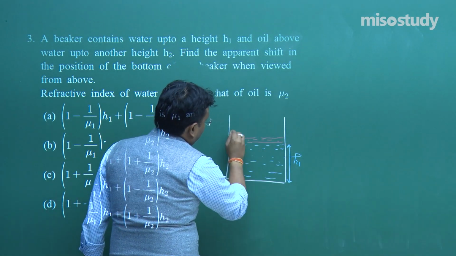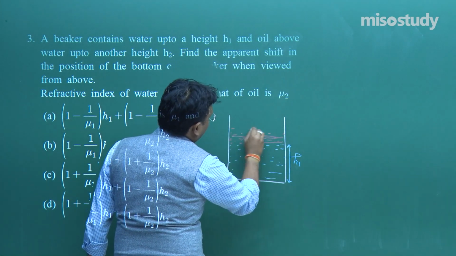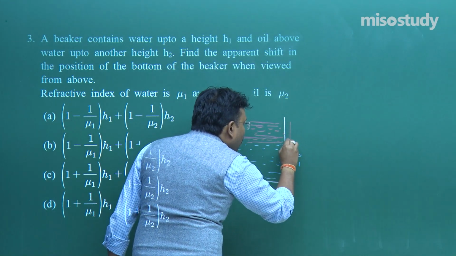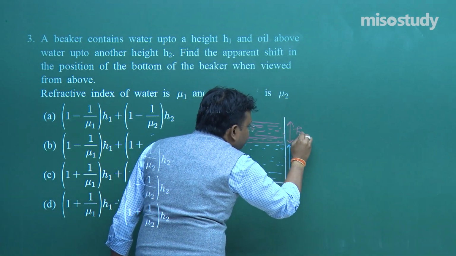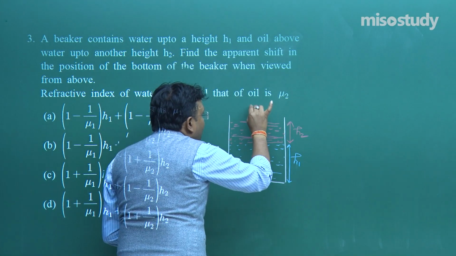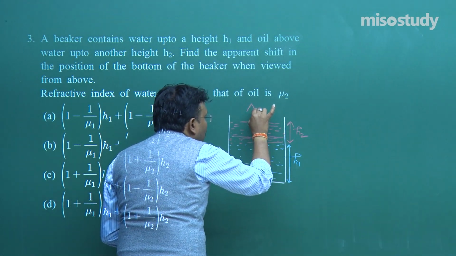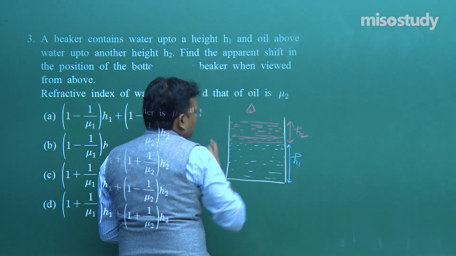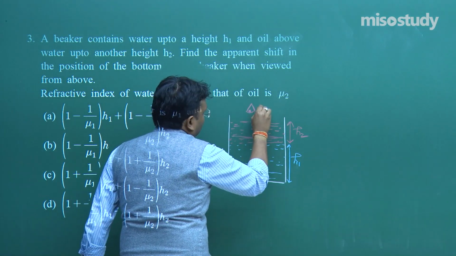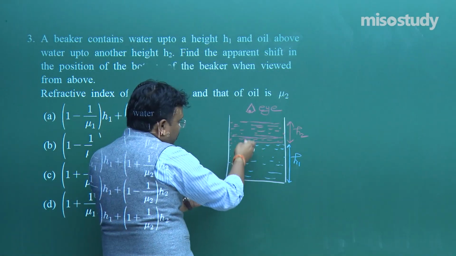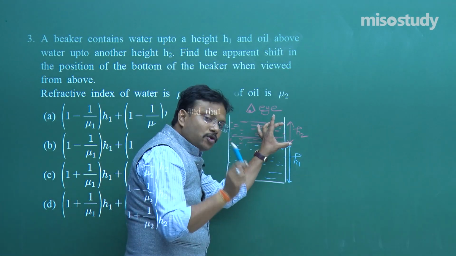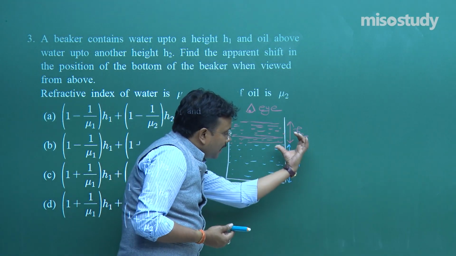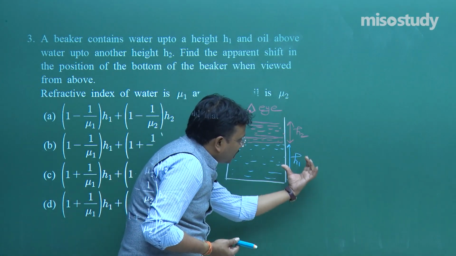So this red color oil above the water is, let's say, of height h2. I am not a good designer, but I will try to create an eye over here. This is the eye. So when I am watching, obviously this h2 is going to change for me, and this h1 is going to change for me. So actually we want to find out what exactly this situation is.